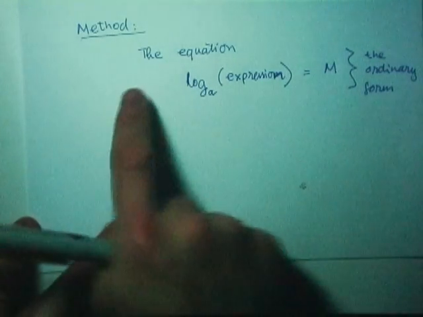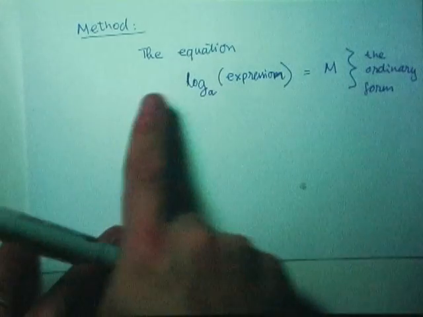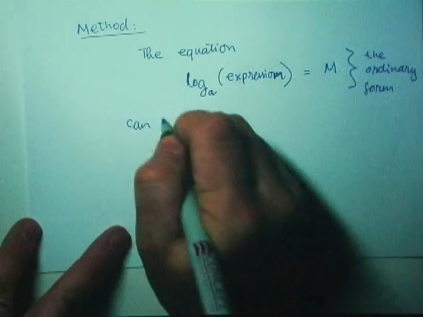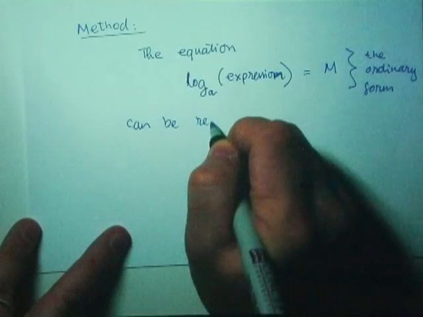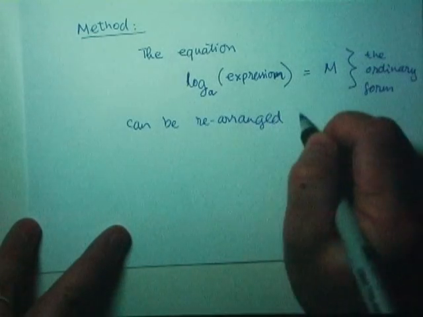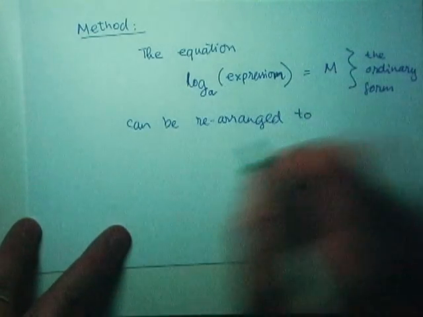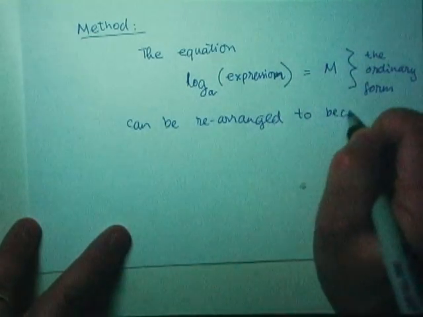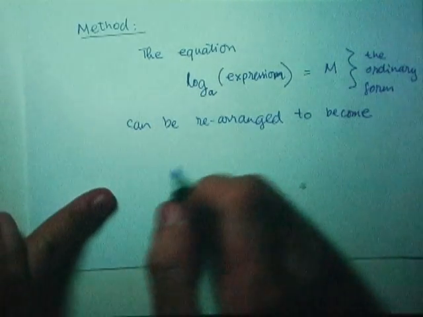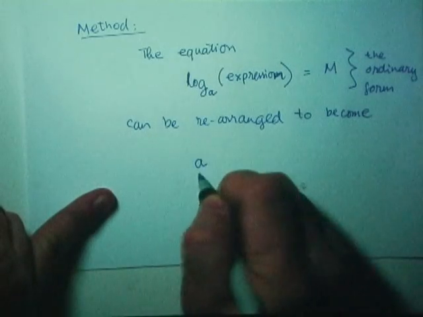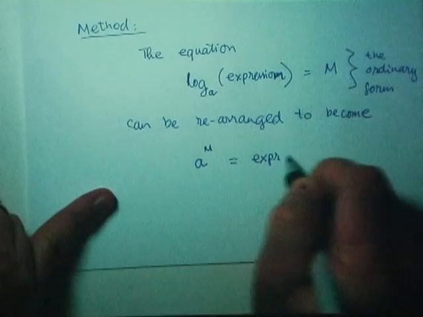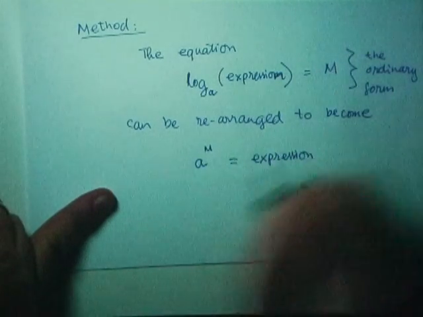Okay? So now, back to this problem. Any equation in this ordinary form can be rearranged to become, remember we took the idea that we learned earlier, A as the base raised to the power m equals the expression that's trapped inside your logarithm function.